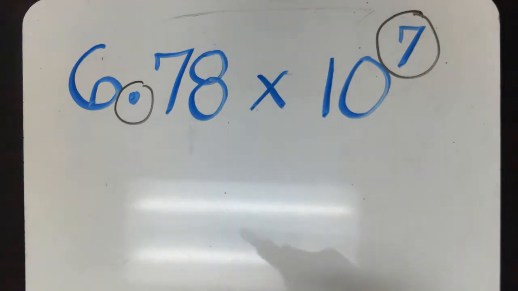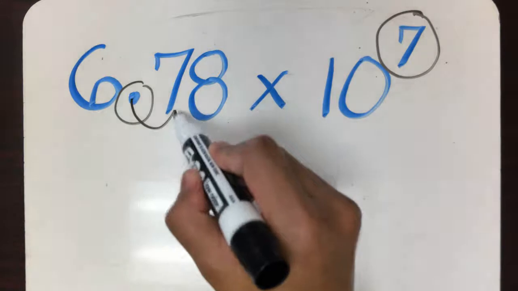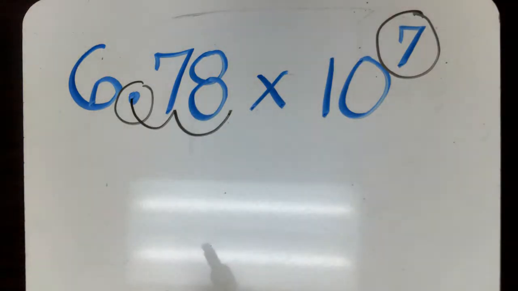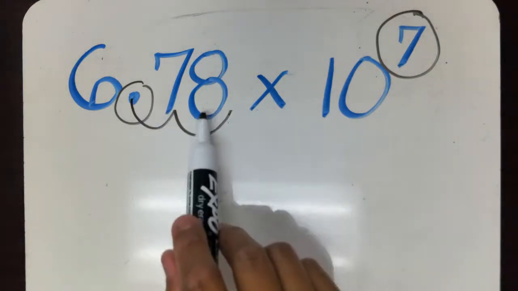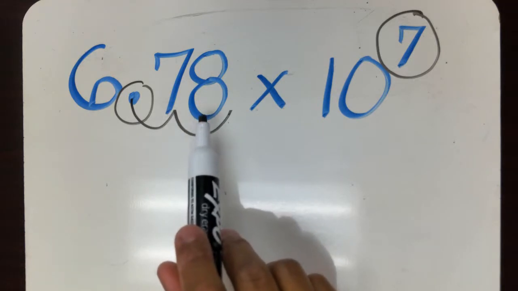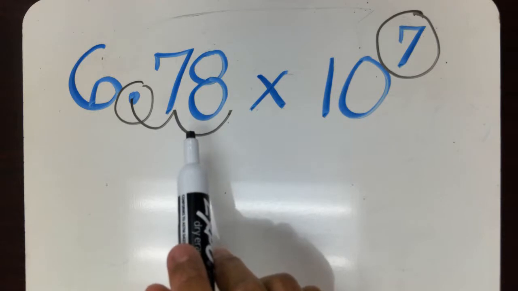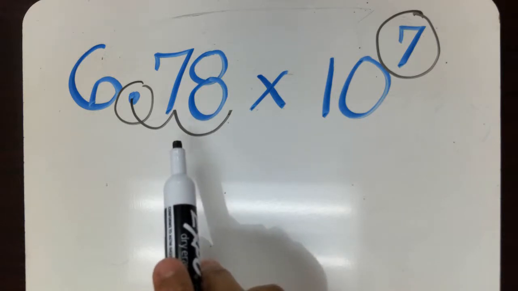That's the concept that I want you to understand. So you move 7 times to the right. You already have 2 numbers there, 7 and 8. You lack 5 more, so the other places will automatically be filled in by 0.